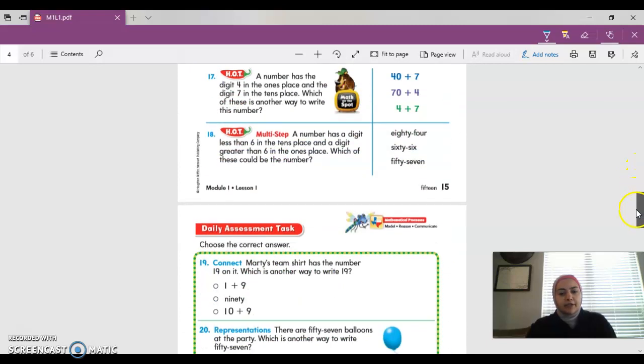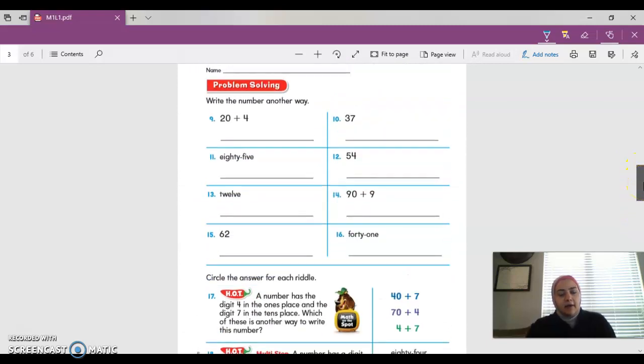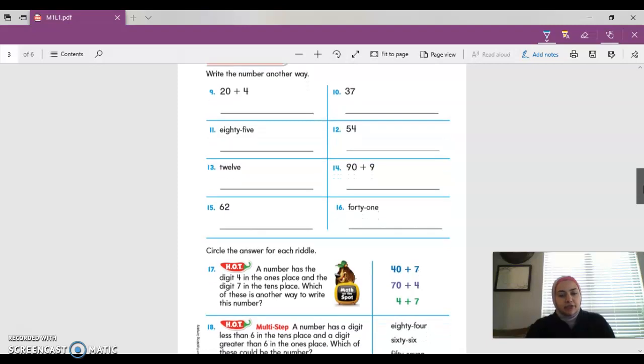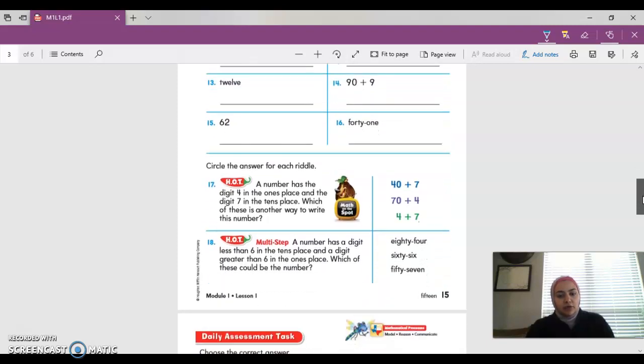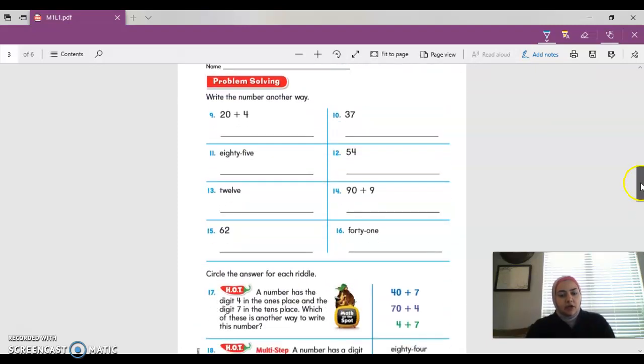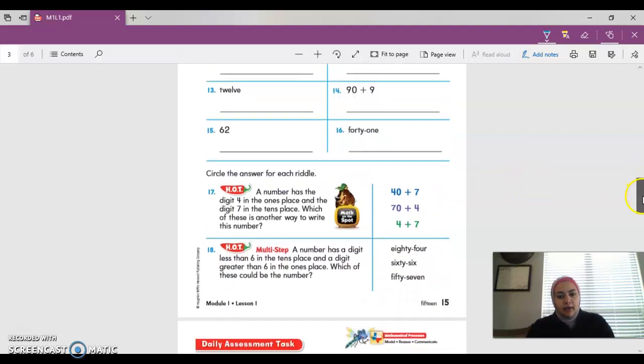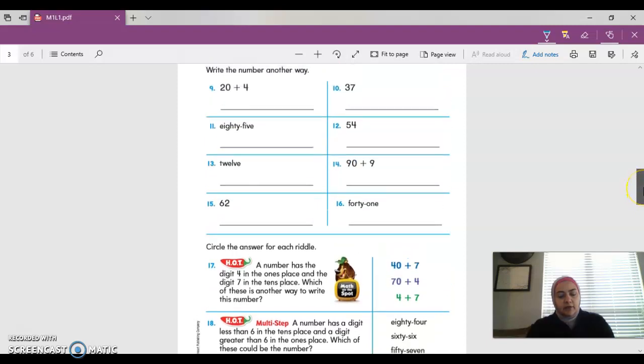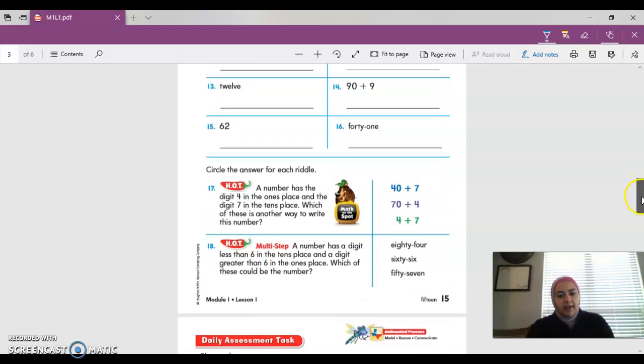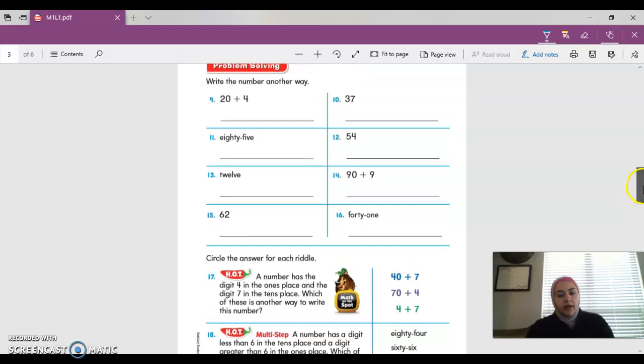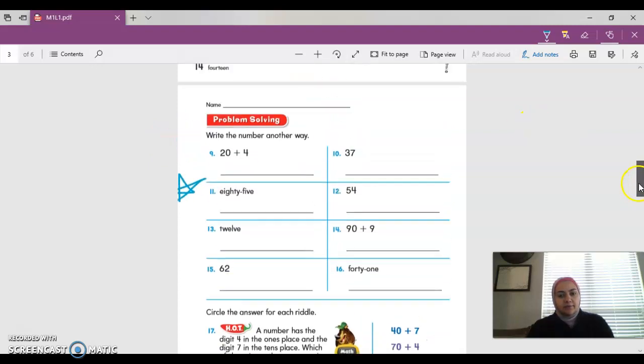Okay, when you're done with that, I want you to go ahead and do this page only, which is page 15. You're going to do number 9 through 18 by yourself, okay? And you're going to take a picture of only this page, and you're going to send it to me, okay?